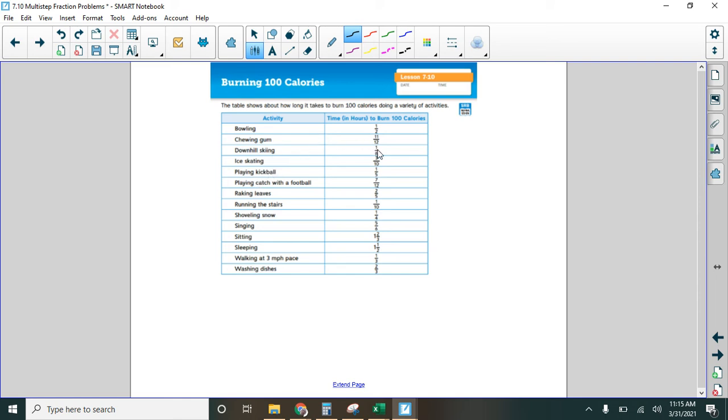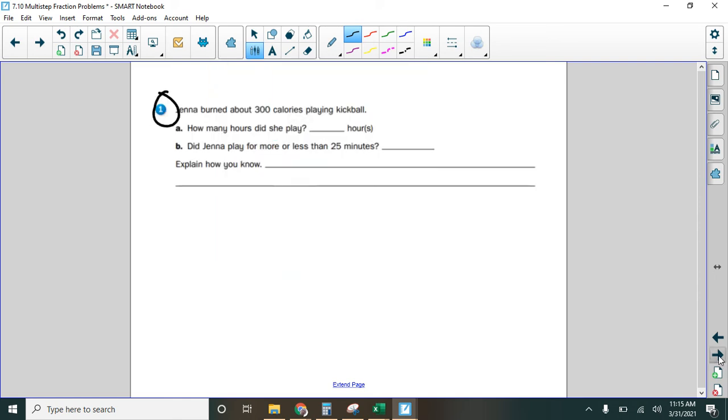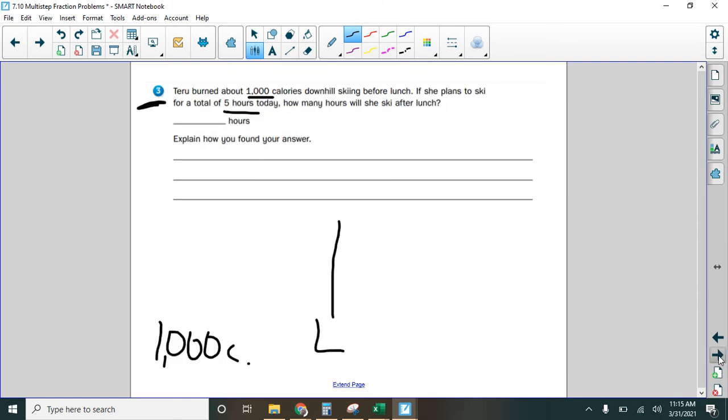Downhill skiing, 1/6. So it takes 1/6 of an hour when you're skiing to burn 100 calories. She burned 1,000 calories. So what would we be multiplying here? Yeah, times 10. And times 10 here.